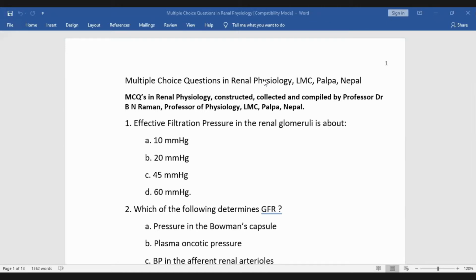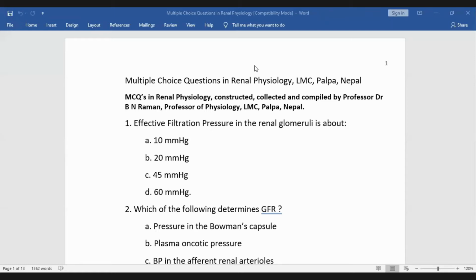That is the pressure from which we remove all the negative and all the positive, and which ultimately causes filtration. Is it 10 millimeter, 20, 30, 45, or 60 millimeter? Which one is true here? 10 millimeter. Ladies and gentlemen, A is the true answer.